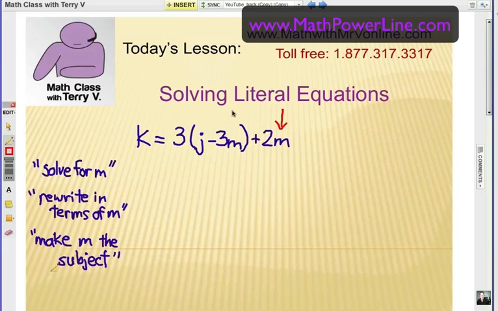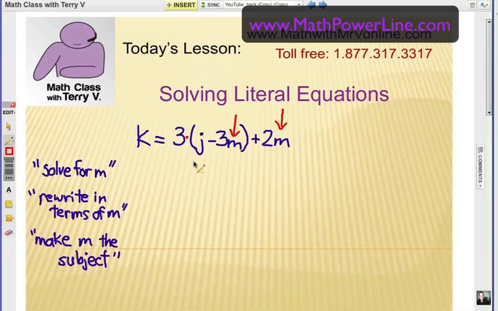All right, now notice first of all that the first step is to analyze what we've got here. If I have an m in two different places, the idea is how can I get those m's out and by themselves, usually on the left side. Well, this m is part of negative 3m, and it's inside parentheses that are being multiplied.